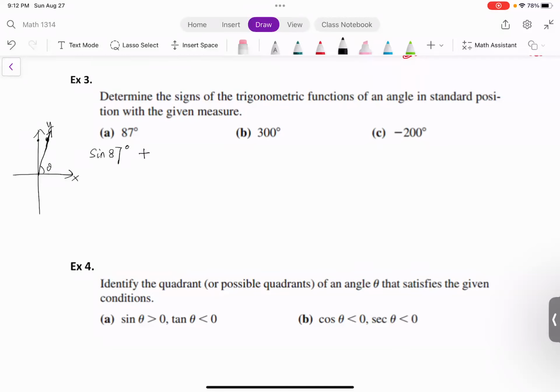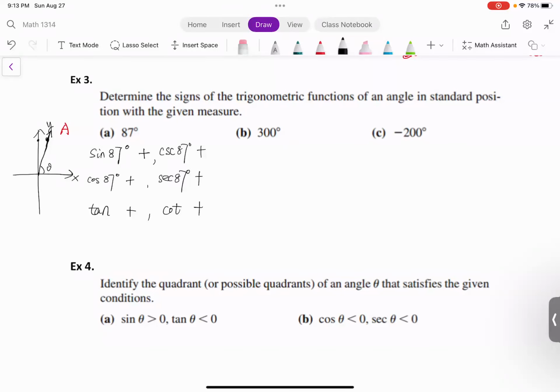Positive, remember that in ASTC, in the first quadrant, everybody is positive. That means sine is positive, its reciprocal cosecant is positive, and cosine is positive, its reciprocal is positive. Tangent, positive; cotangent, positive. They are all positive.